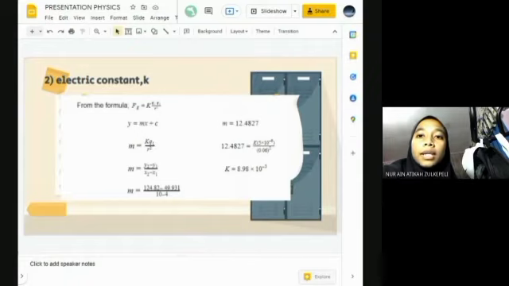So m is equal to K multiplied by Q1 over R squared. So we get that the electric constant K is 8.98 multiplied by 10 to the power of negative 3 newton meter squared over coulomb squared.